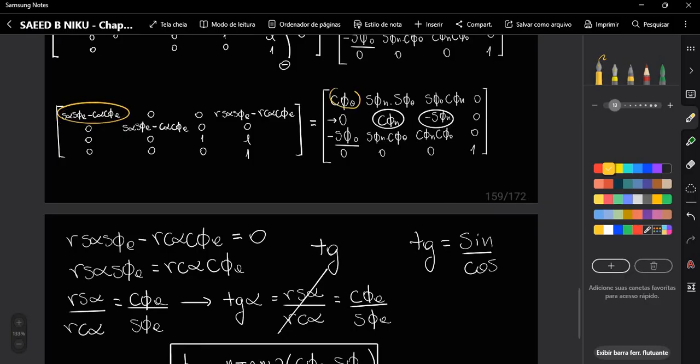For cosine of phi o, for phi o, right here also, which corresponds to 0.